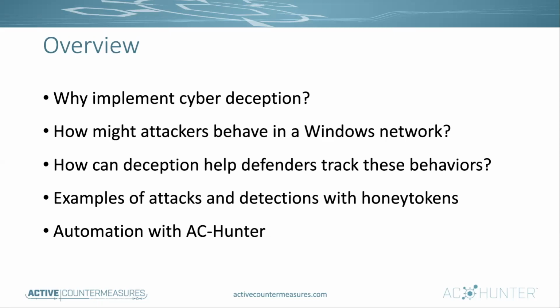And then after that, we're going to get into the nitty-gritty of things. We're going to look at a couple attacks and a couple of detections that we can pull off with cyber deception. You're going to see this term honey tokens thrown around a lot. What that just means is that we have some sort of fake resource that we want to try to trick the attacker into interacting with. And then finally, we're going to look at how we can automate some of this with AC Hunter.